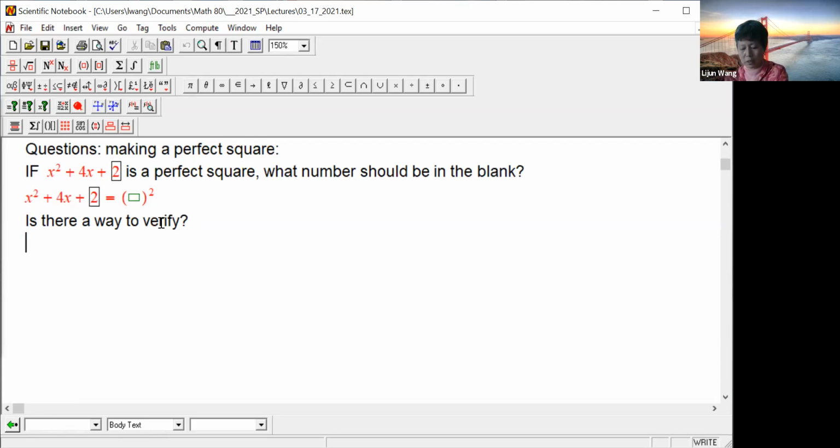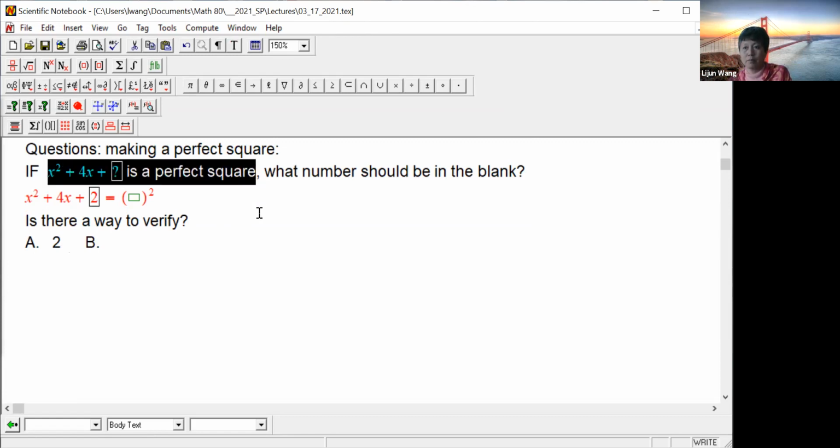Right, so we have choice A, that the blank should be filled with a 2. Do we have another choice? Do you understand my question? You need to identify this number. What should that number be to make a perfect square? You are told that this is a perfect square, so what should that number be so that it is indeed a perfect square?